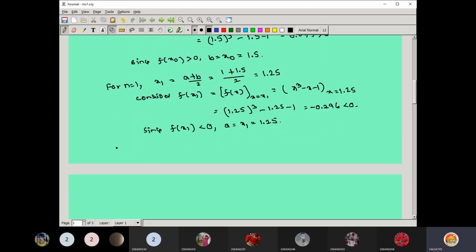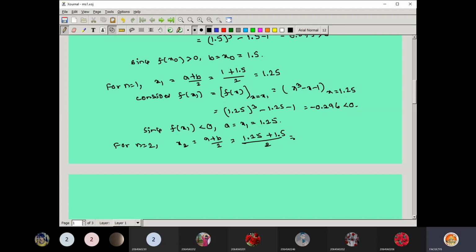Now immediately you are finding another approximate root for n equal to 2. The formula is x2. It is equal to same a plus b divided by 2. Your A stands for new A value 1.25 plus B value, your previous B value. Your previous B value is 1.5, total it is divided by 2.